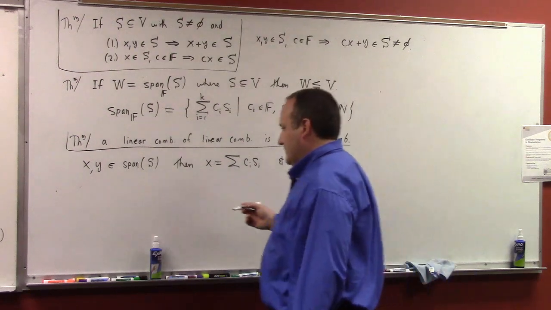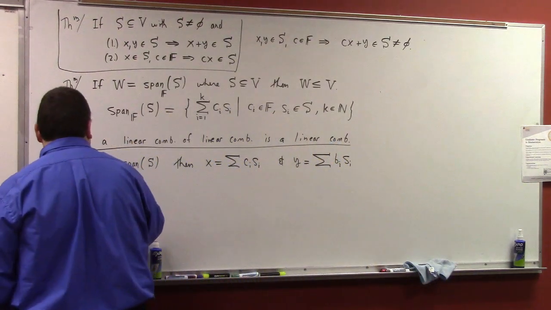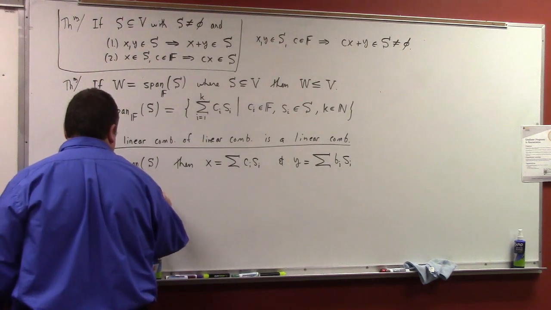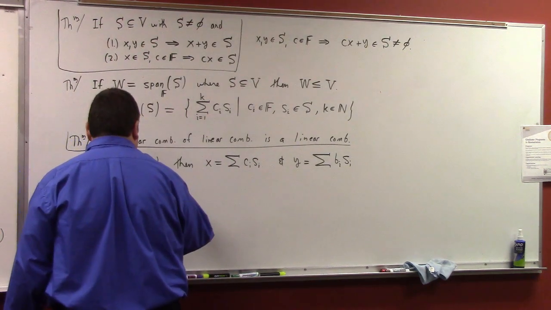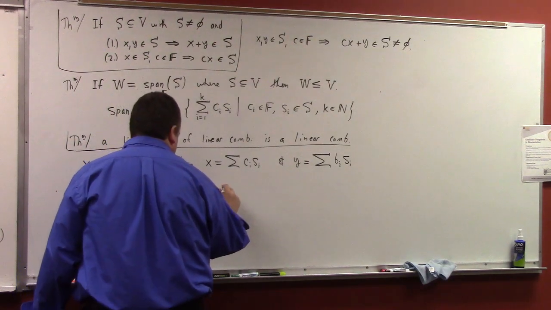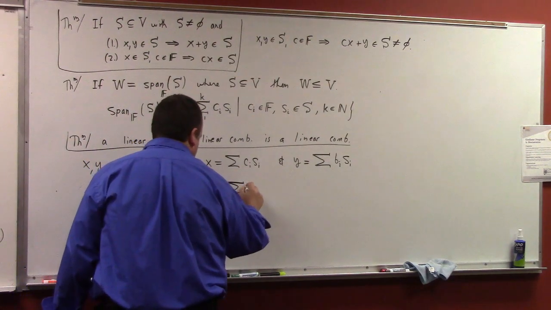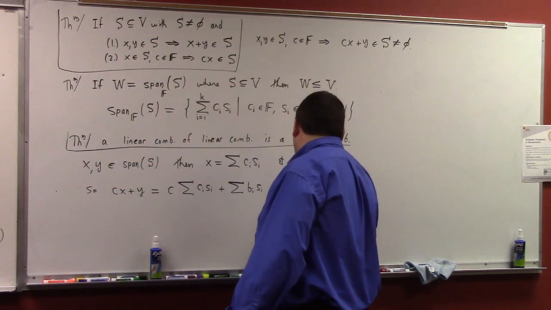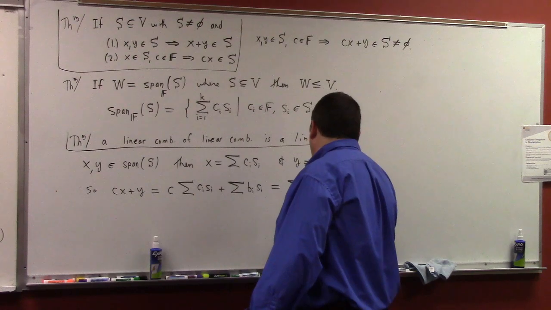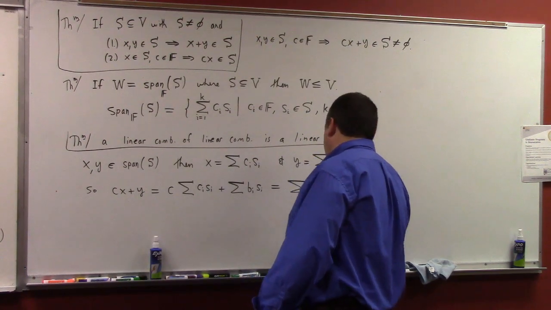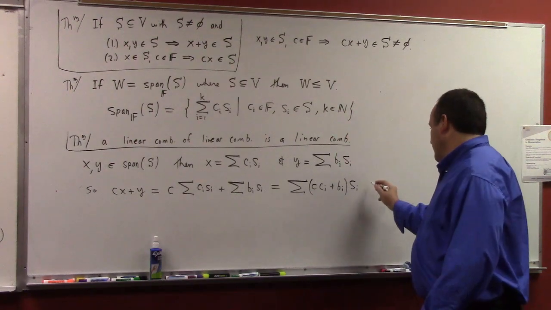And then, so what? cx plus y is what? You know, c times this sum, which of course is again an element of the span.